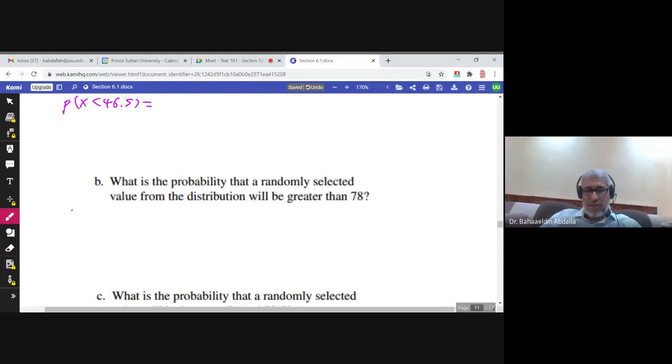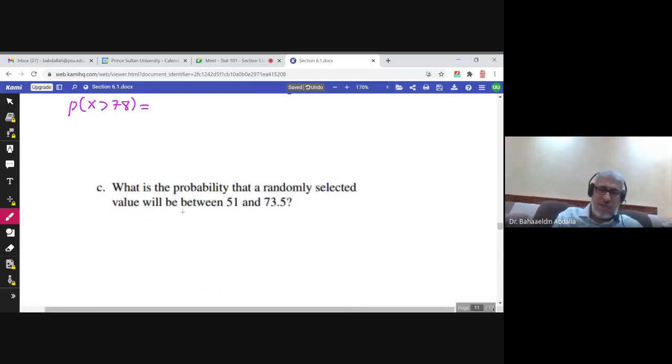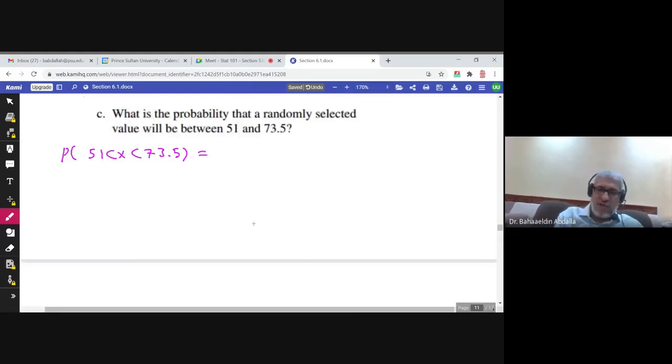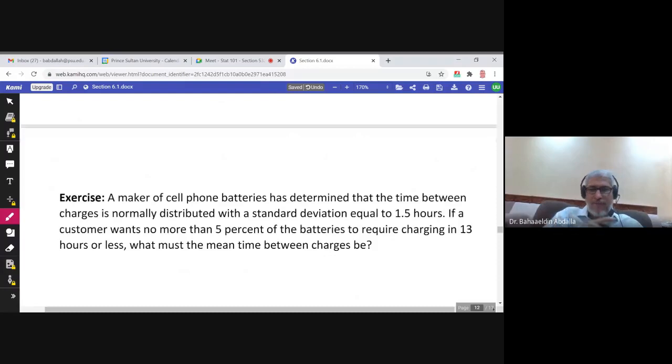What is the probability that a random value will be greater than 78? This is also a usual question. Change it to Z and solve it. What is the probability that a randomly selected value will be between 51 and 73.5? This is also a usual question. Change it to Z and solve it.